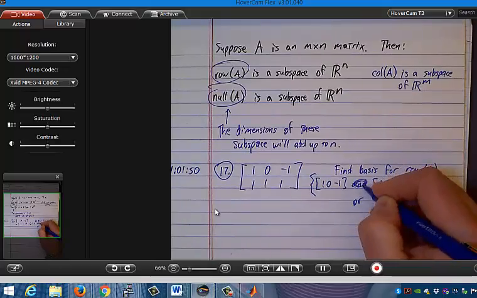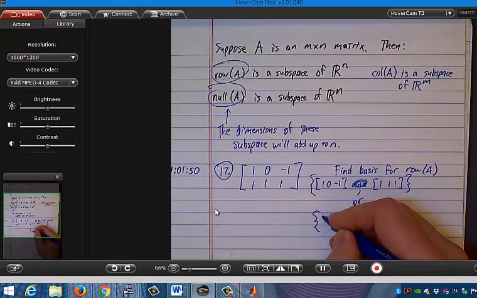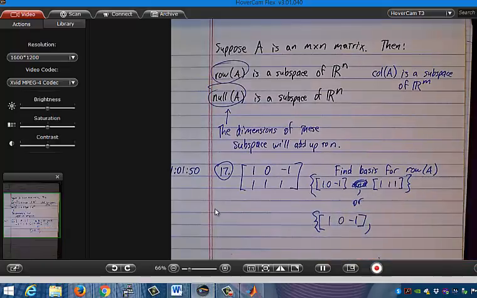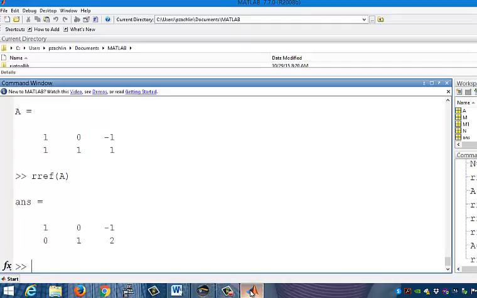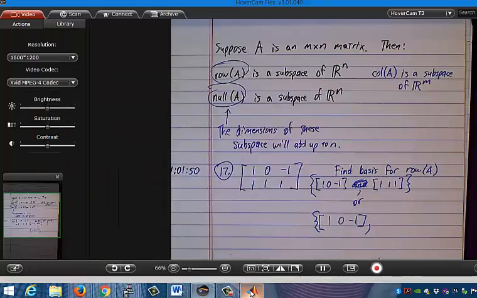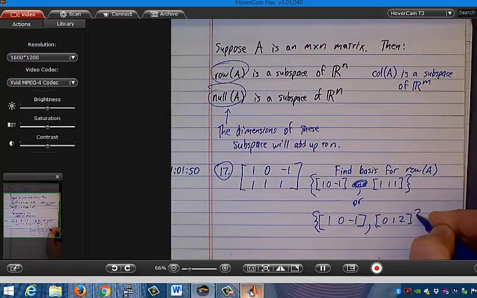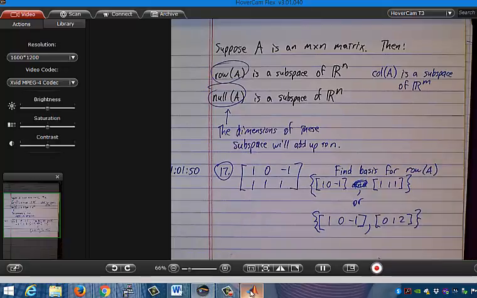Or another answer would be 1, 0, negative 1, and what was the other thing we got when we did MATLAB? 0, 1, 2. Because remember, doing the row operations won't change the row space. Guys with me?